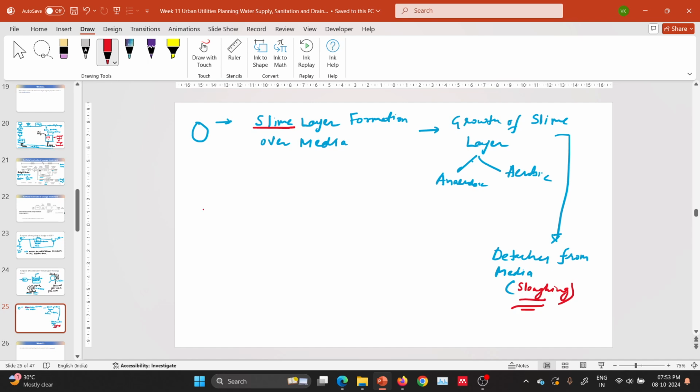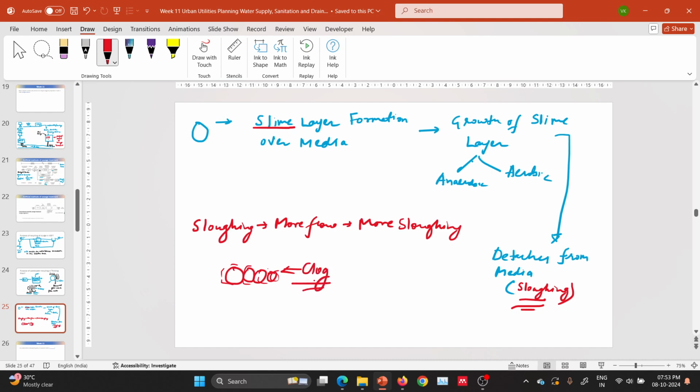Sloughing depends on the hydraulic loading rate, or simply I will say more flow, more sloughing. If there are particles and more layer forms, it will clog the filter.